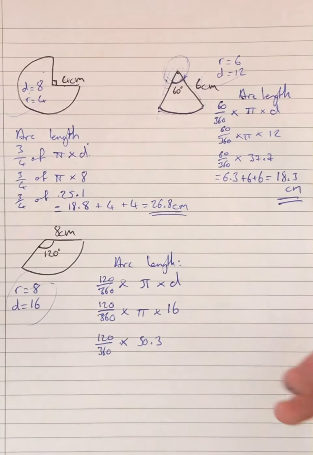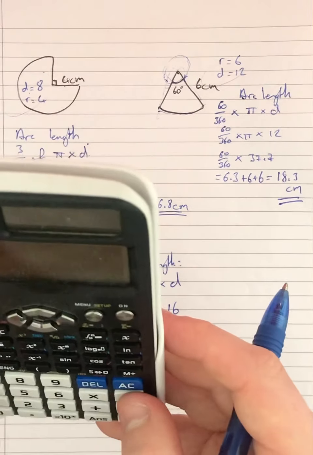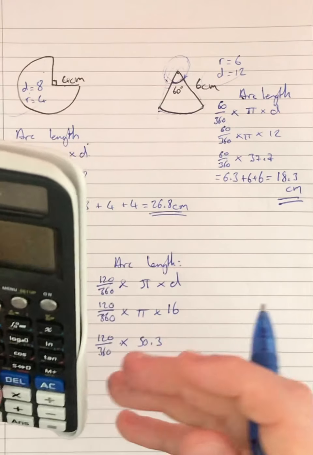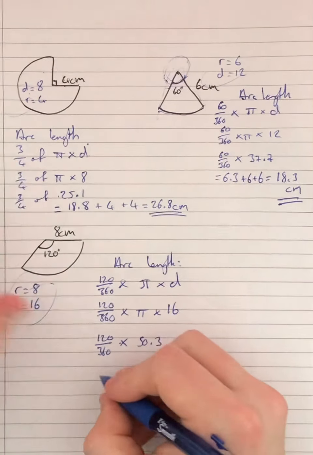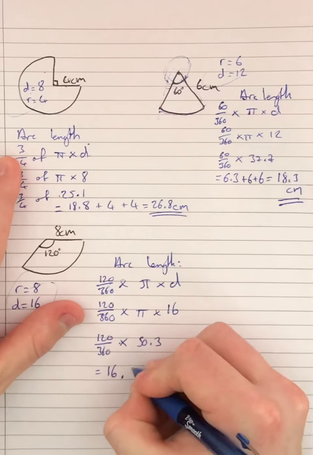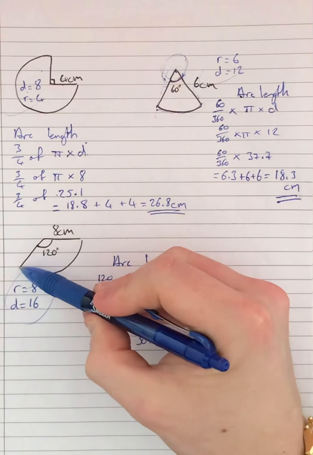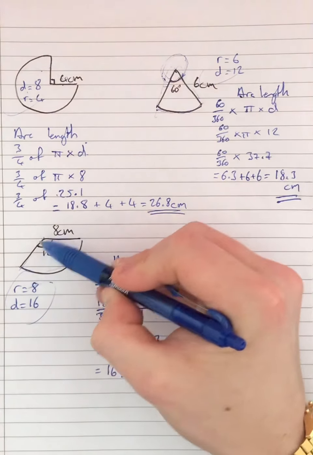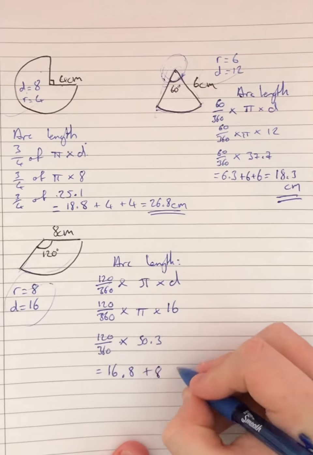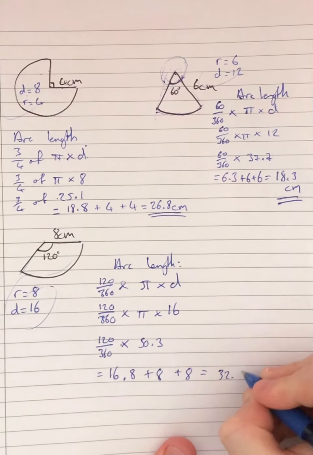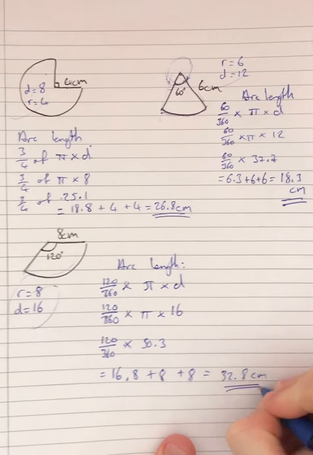I need to work out that fraction of 50.3. And I get 16.8. But I've not done yet because that's only the arc length. I then need to add on these two parts. And that's going to give us 32.8 centimetres.